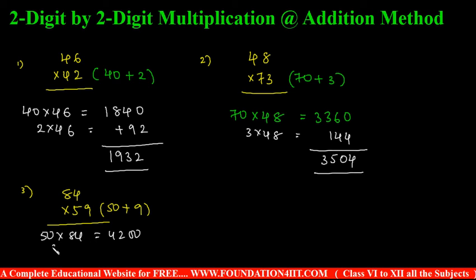You can guess this way also if any numbers are in a combination like this. 9 into the same 84 is 756, an internal calculation. So these two, if you add, 4956: 4200 plus 700 is 4900, plus 56. Internal calculation, 4956.